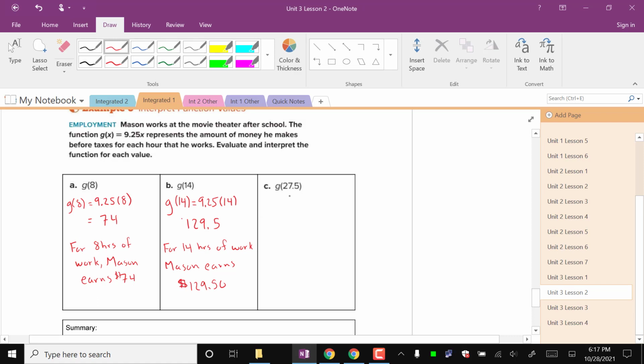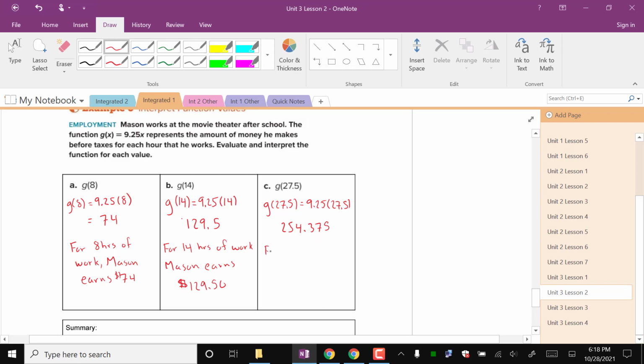And then for the last one, 27.5, plug that in. g of 27.5 equals 9.25 times 27.5. So multiply that out, gives you 254.375. But we're dealing with money, so this is going to be 254.38.